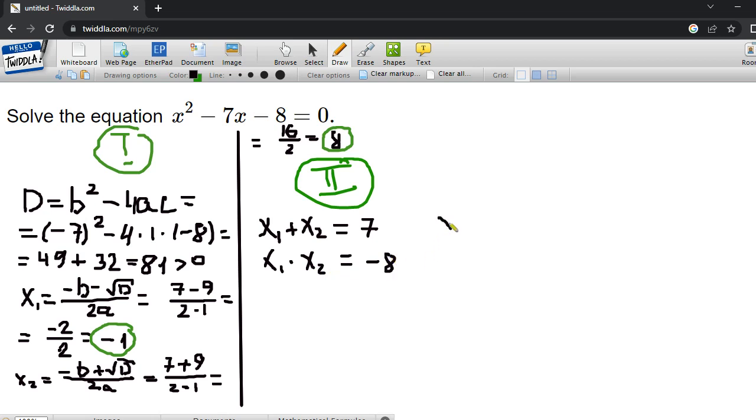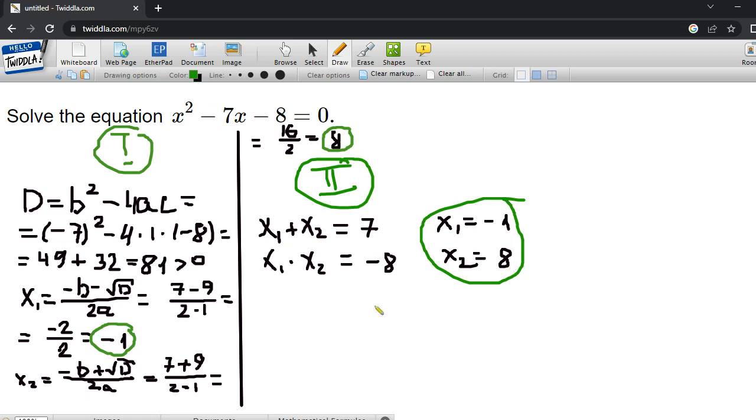In this case, x1 equals negative 1 and x2 equals 8, because negative 1 plus 8 equals 7 and negative 1 times 8 equals negative 8. So we got the same roots, negative 1 and 8.